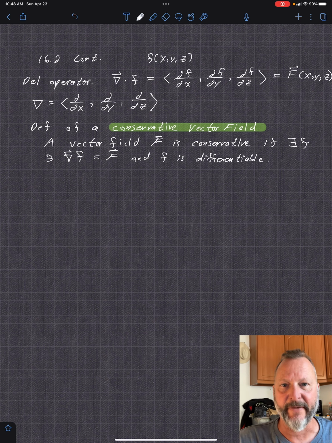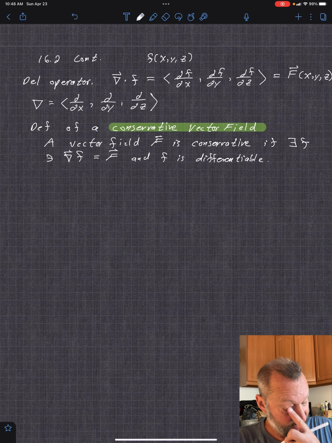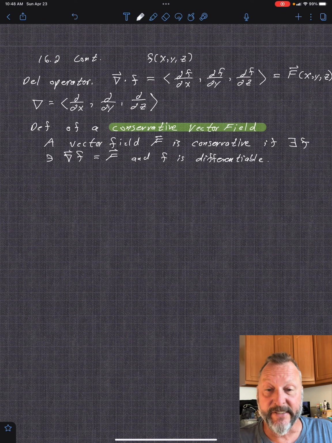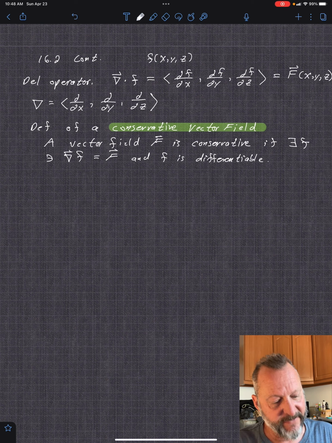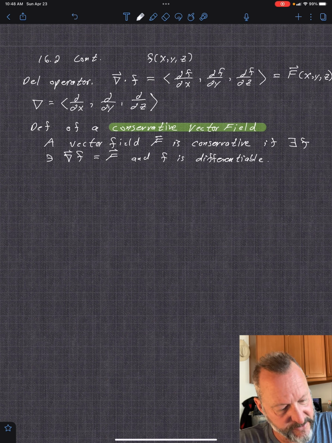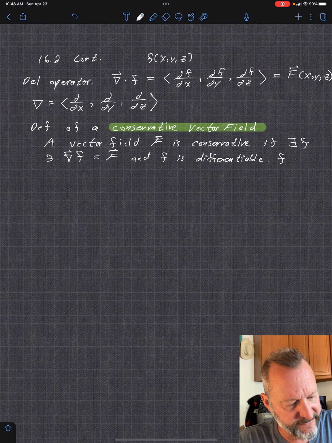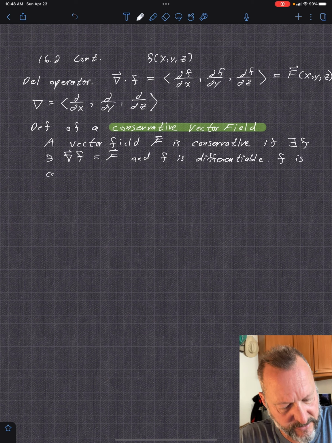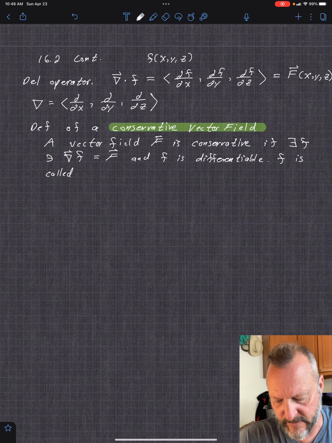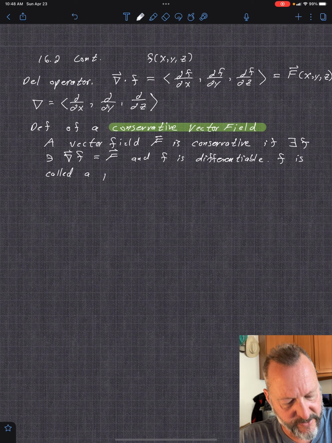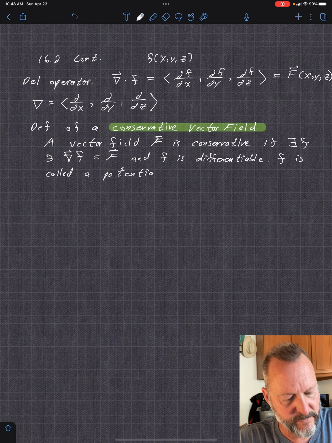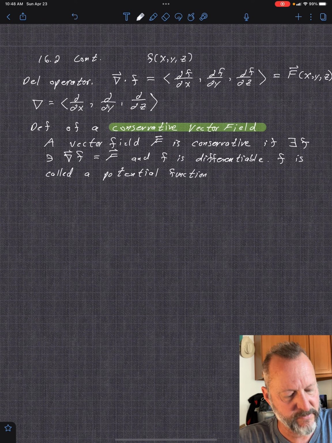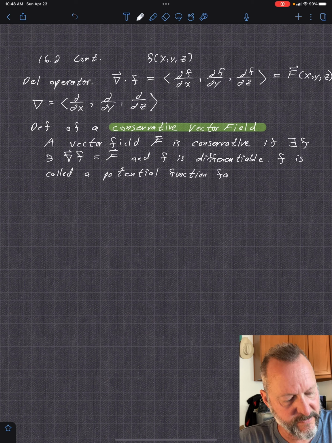If that little f exists, then little f is called a potential function for capital F.